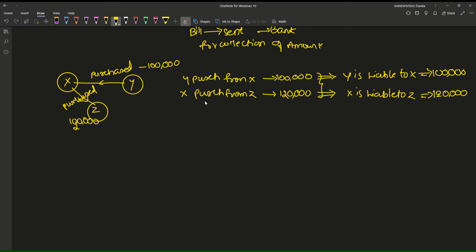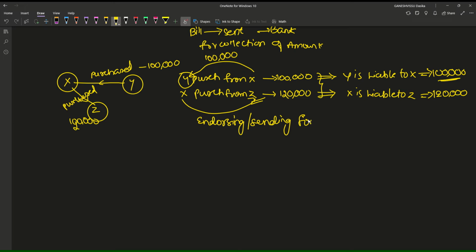If X has already drawn a bill on Y for rupees 1 lakh, and X is liable to pay Z, then X would be sending, or endorsing, the bill of exchange drawn on Y to Z. X endorses the bill of rupees 1 lakh to Z, and the remaining 20,000 he would be paying in cash.